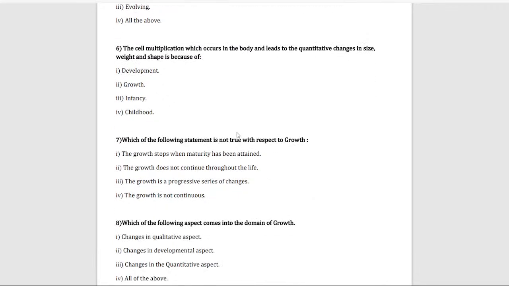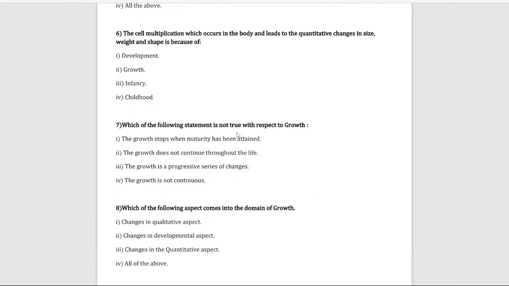Question number 6. The cell multiplication, which occurs in the body and leads to the quantitative changes in size, weight, and shape, is because of dash. First, development. Second, growth. Third, infancy. Fourth, childhood.